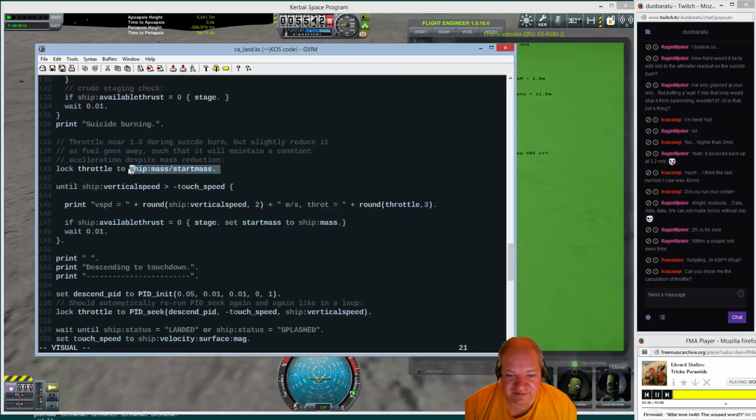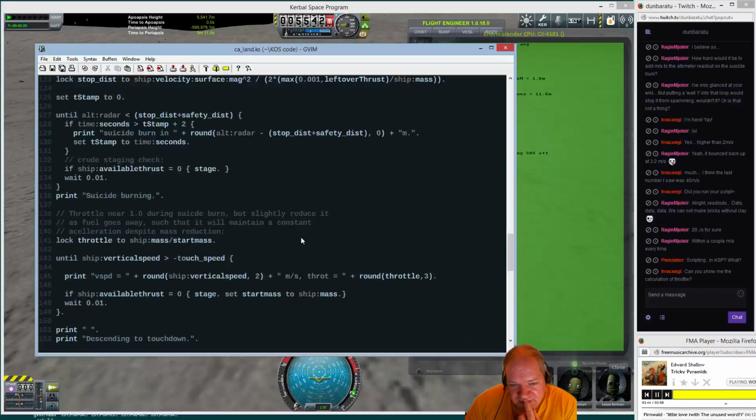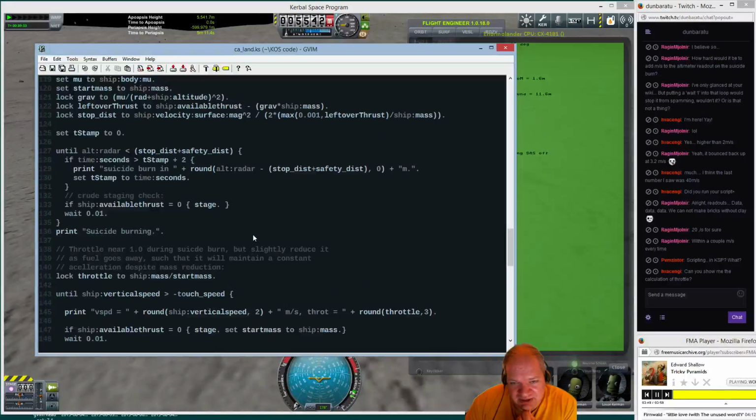Right here. This is the calculation of throttle. My rationale is I'm trying to keep the acceleration constant.